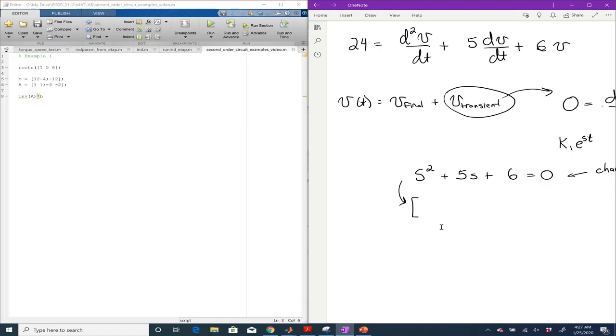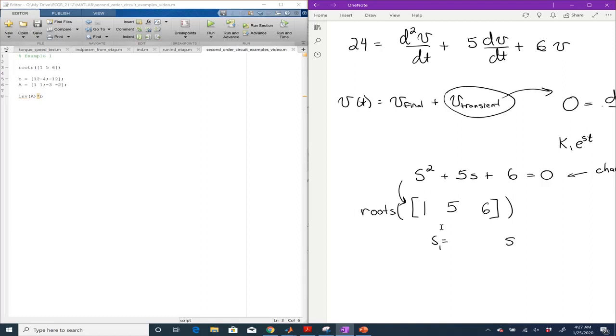The coefficient on the highest order term is 1, on the first order term is 5, and on the lowest order term is 6. I put that in a vector and say, tell me the roots, and it'll tell me what they are.